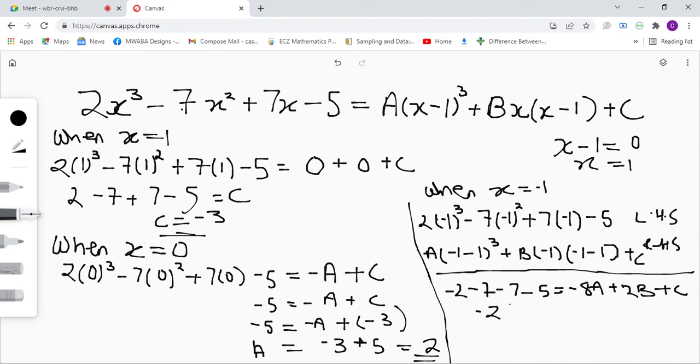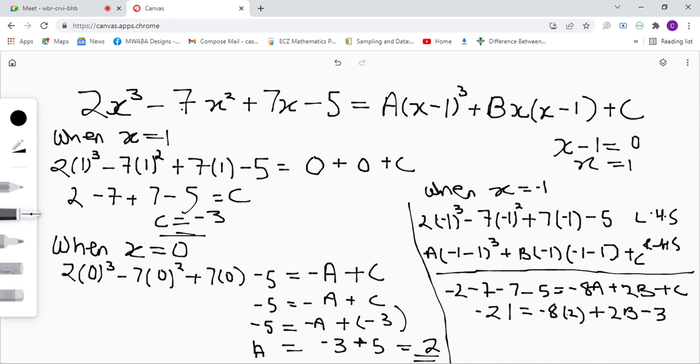Right, so we have negative 21 equals, all right, we already have our values for a and c, so we say we have negative 8 times 2 plus 2b, right, plus our c, we already have it's negative 3, right? c is negative 3, right?